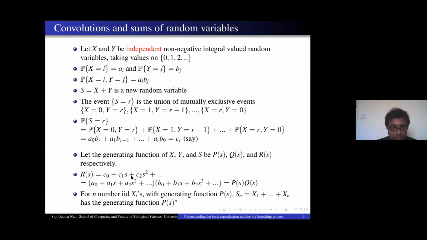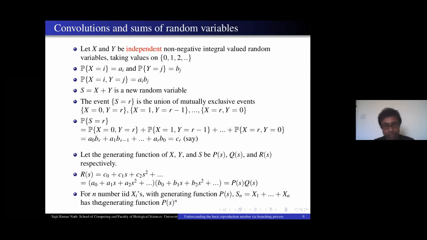So the generating function of the sum of a deterministic number of random variables is given by the multiplication of the generating functions of the individual random variables. This is the generating function for X, and this is the generating function for Y, and hence their multiplication gives rise to the generating function of their sum S.